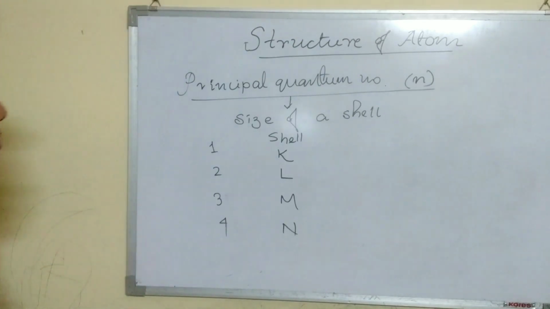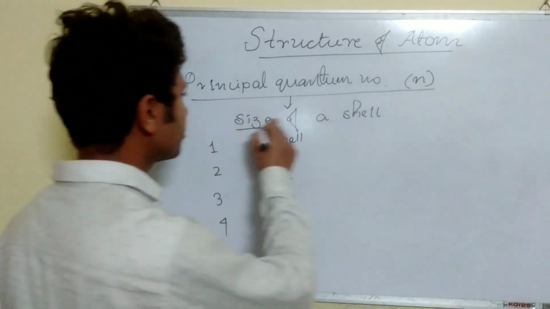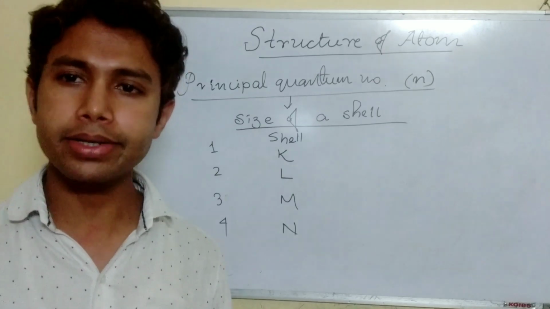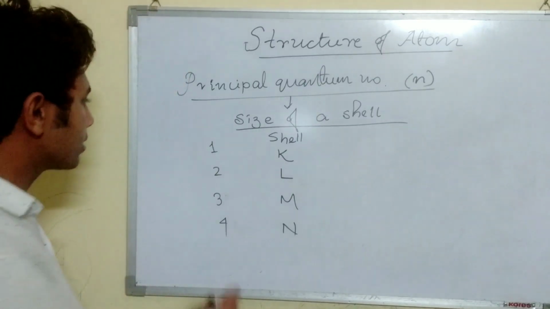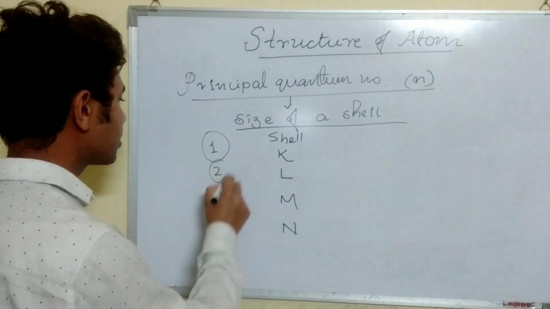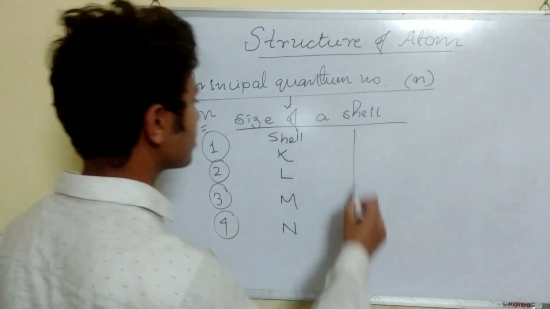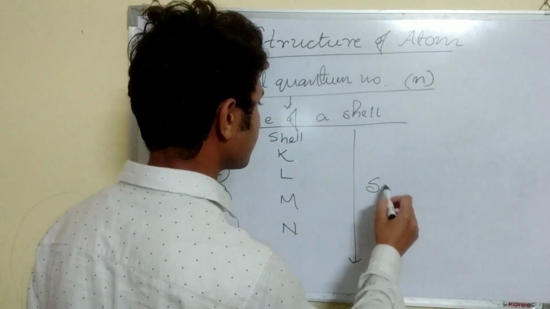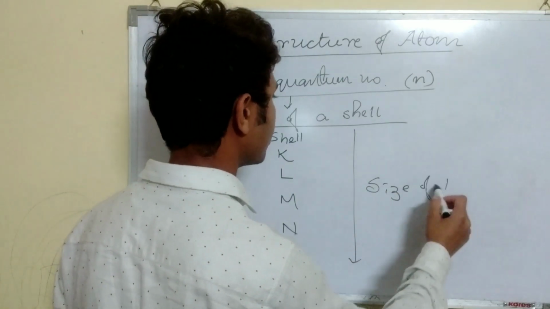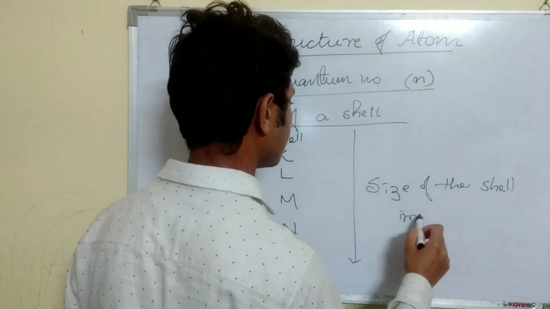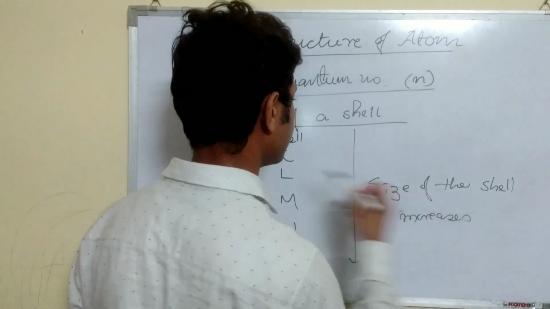And what we see is that if the value of n increases, the size of an orbital, the size of the shell, increases.